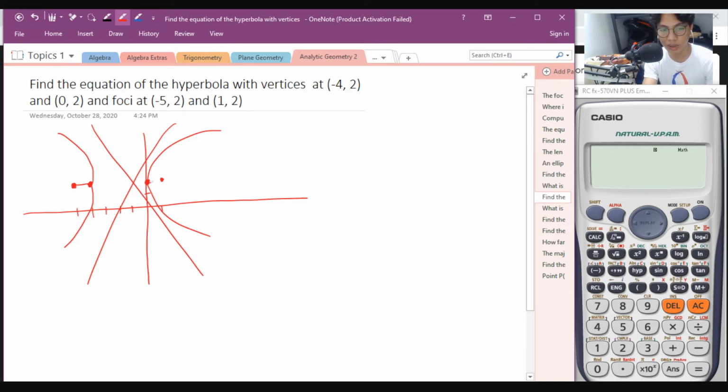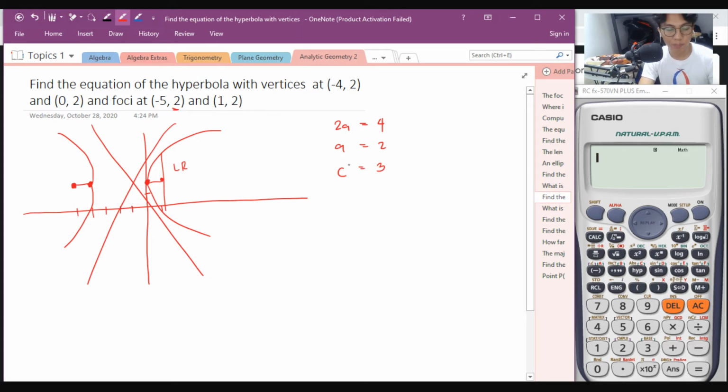Ito yung length of the transverse axis. Ito 2a. Foci at 2, hindi nagbago. 2a is equal to 4. A is equal to 2. C is equal to 3.